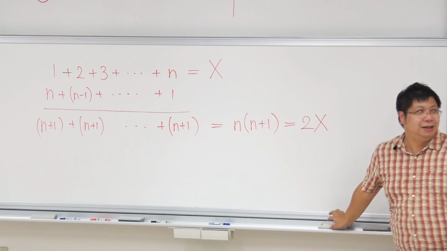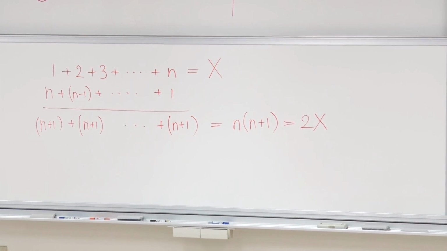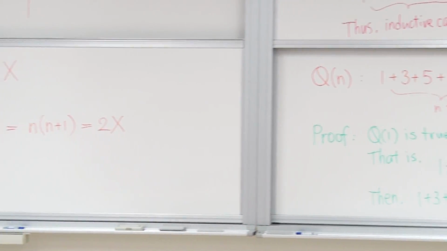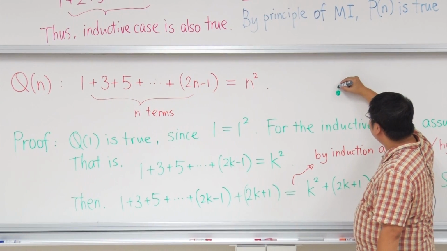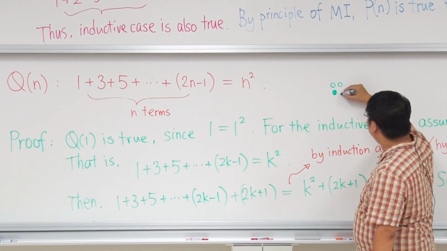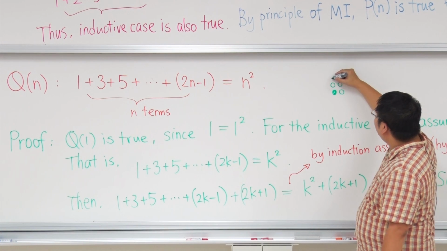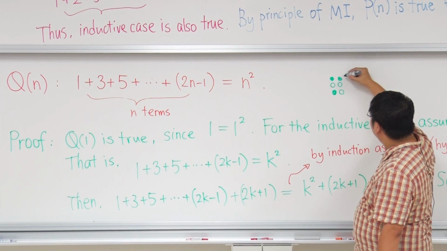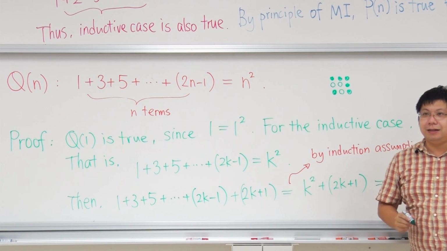And how about 1 plus 3 plus 5? This one is also easy. You have one thing here, and then you add 3 things here, and you form a square. If you want to further add 5, then you get 9.